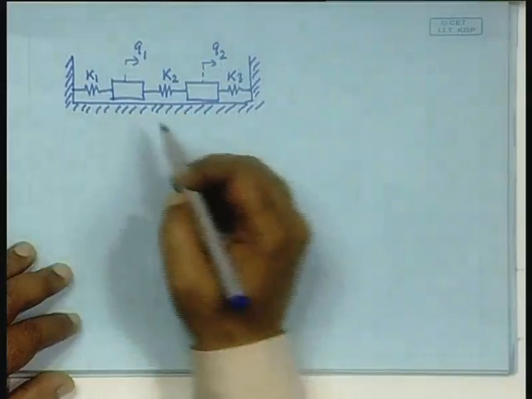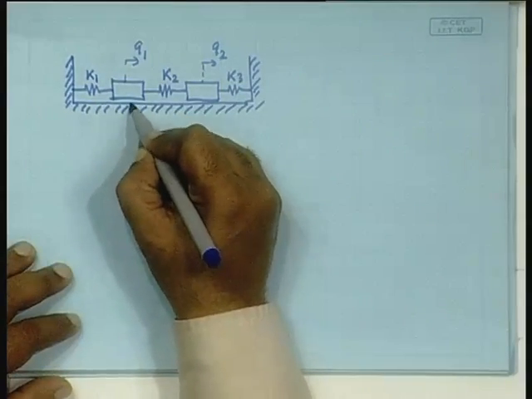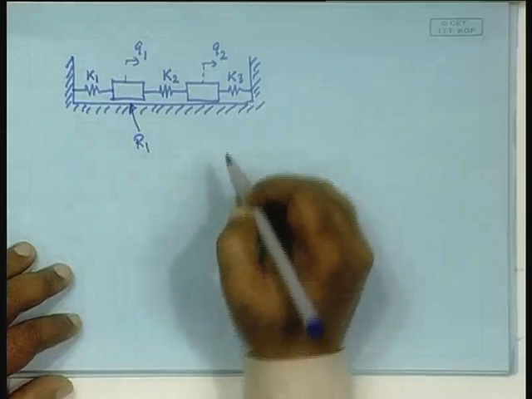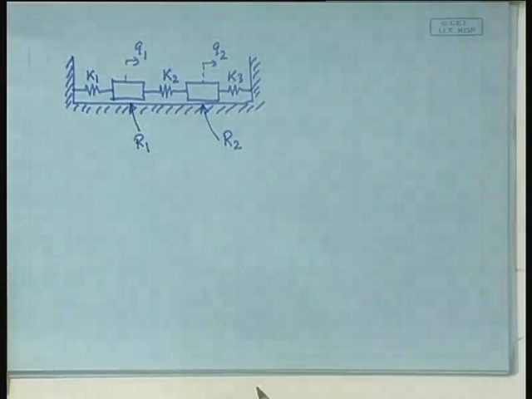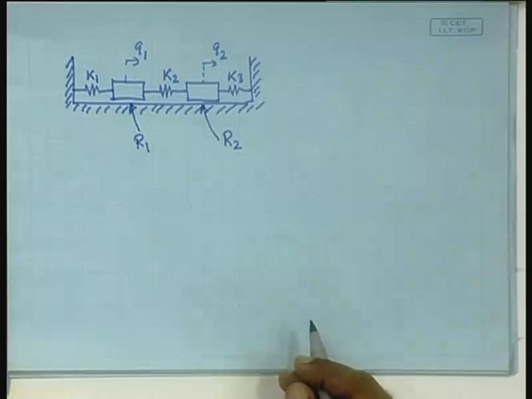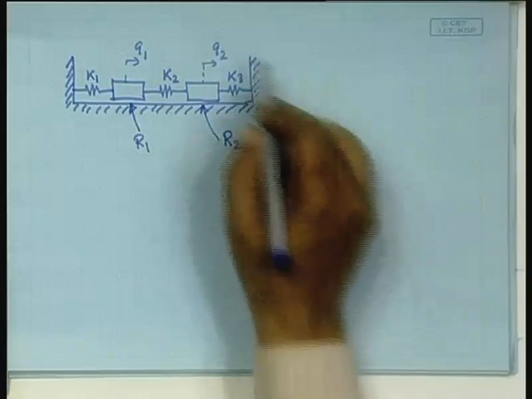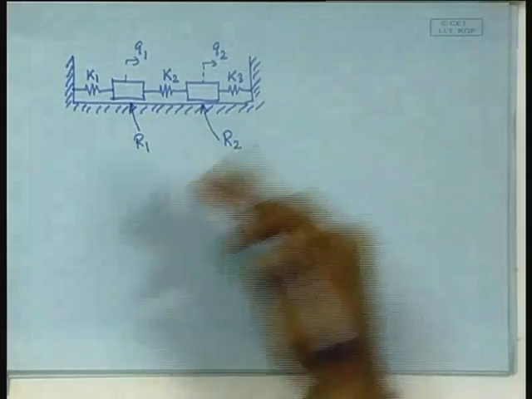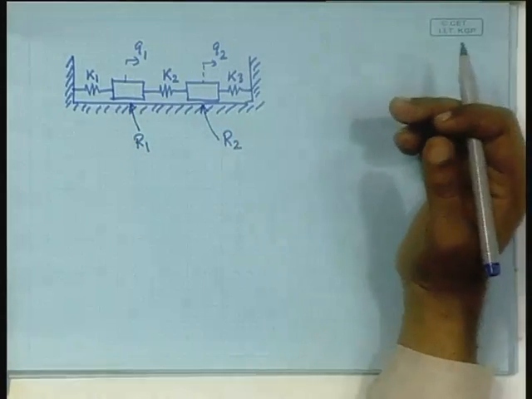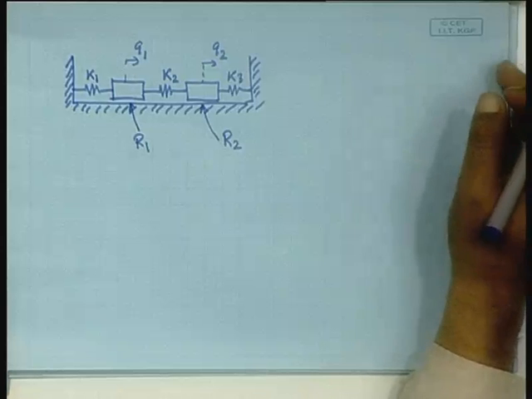So, we had come to this problem, and since we had already done this except for these two, suppose here the frictional coefficient is R1 and here the frictional coefficient is R2. Then we had solved the problem except these two. So, just recall that.